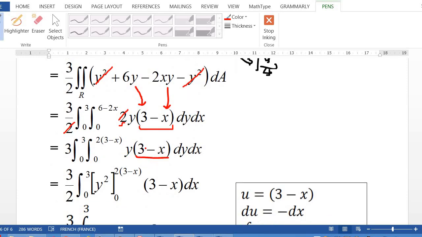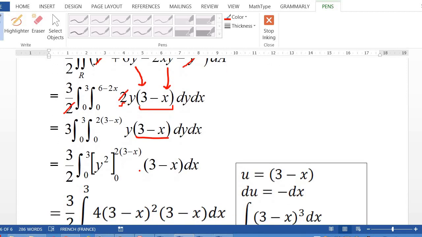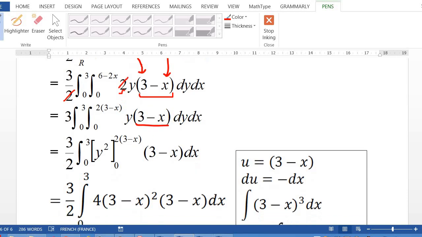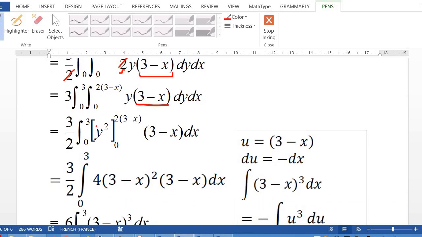So a constant times y squared over 2. Substitute y from 0 to 2 times 3 minus x: 2 squared is 4, then 3 minus x squared times 3 minus x dx.